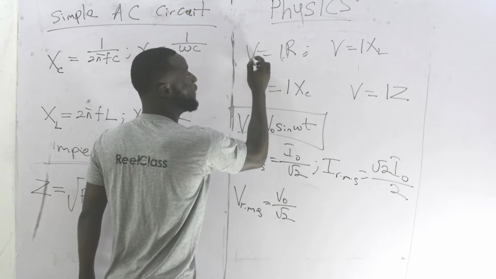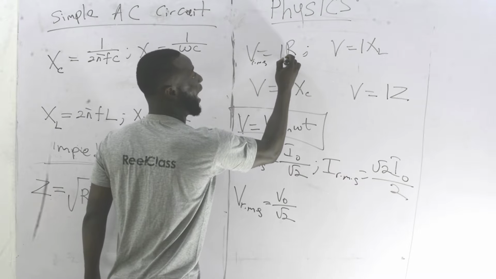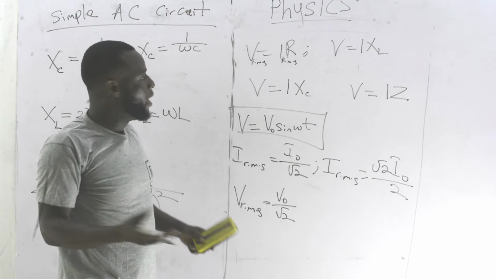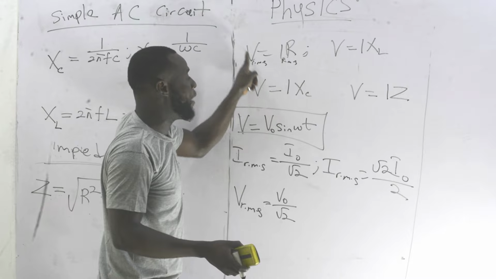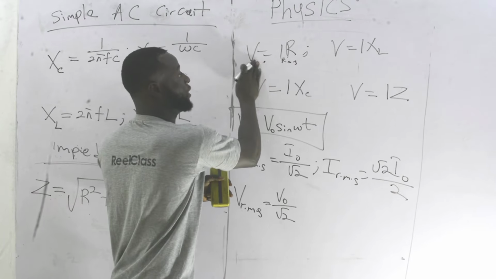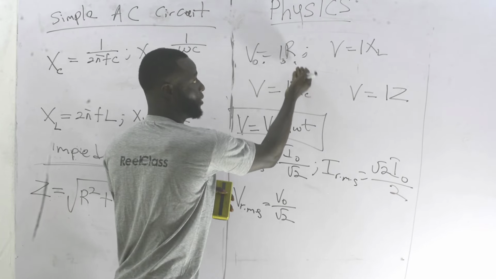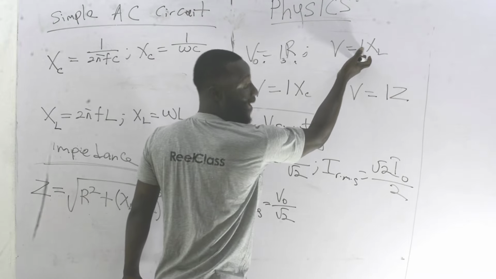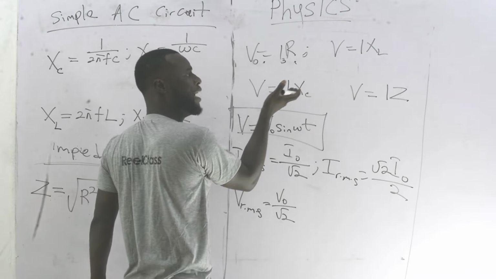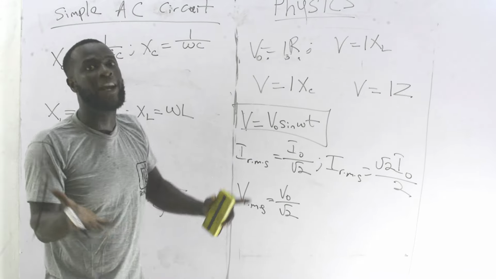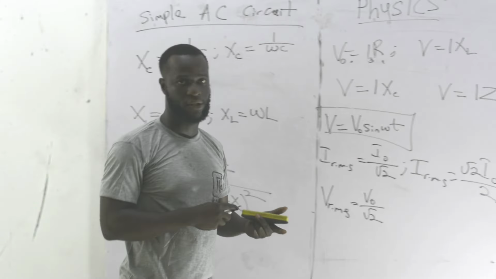I can say VRMS, IRMS. It's not a big deal because it's root mean square voltage to root mean square current, of course. Or it can be peak voltage to peak current. I'm applying Ohm's law, and I can do the same thing with this and with this, depending on how the question comes.